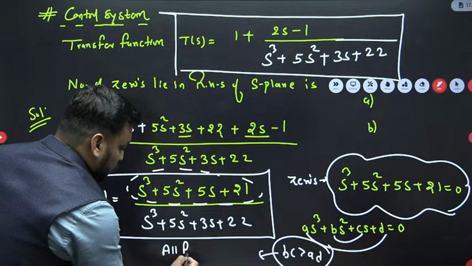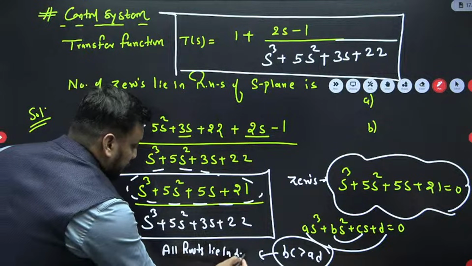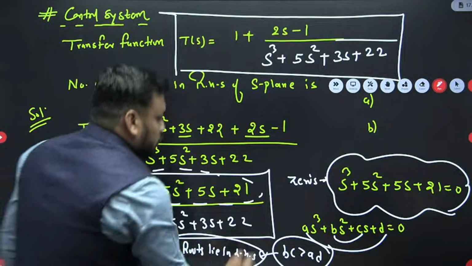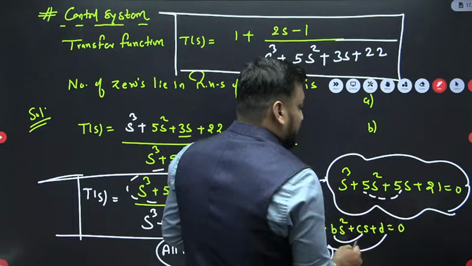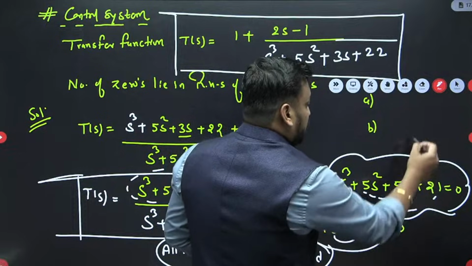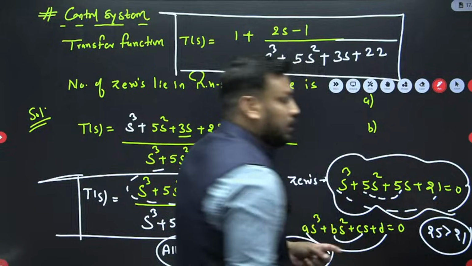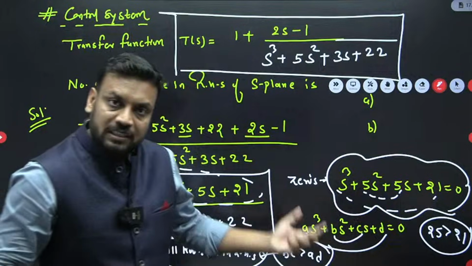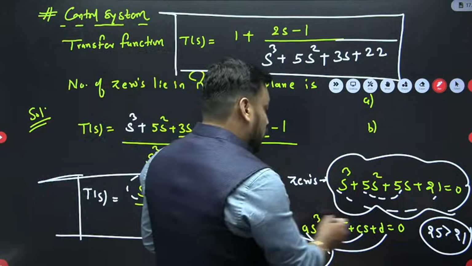So here, sir, if I closely check, the inner coefficients 5 and 5 give 25, which is definitely greater than 21. So here the condition bc greater than ad is satisfied. But before this condition you should also check whether a, b, c, d are all positive or not.